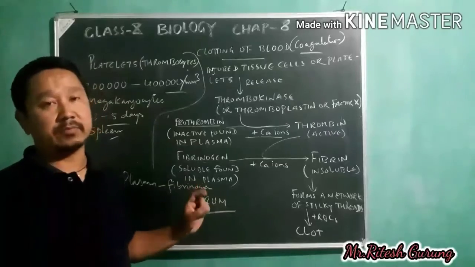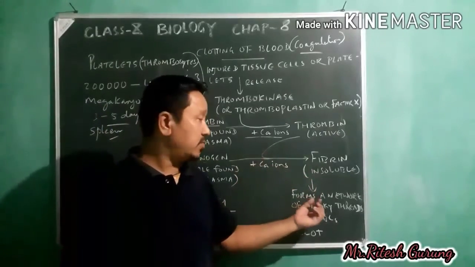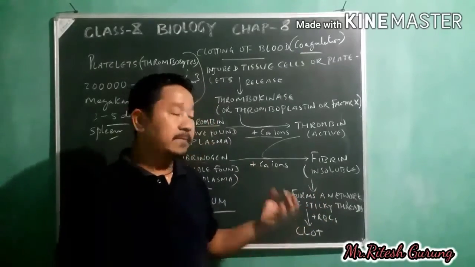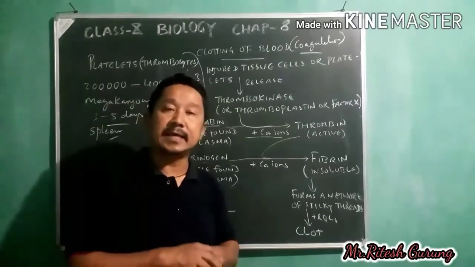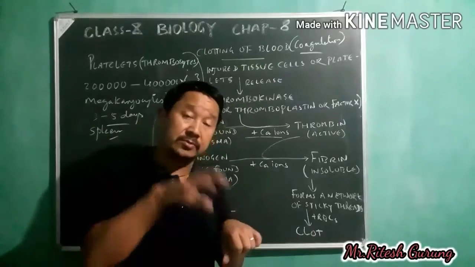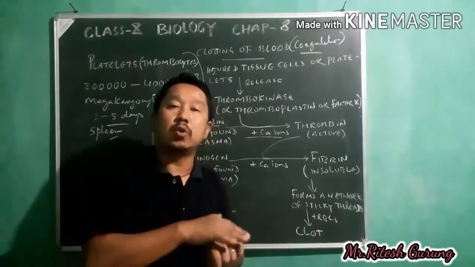Then that net-like structure forms a network of sticky thread along with the blood vessels, especially RBC, and it gets clotted. In the injured region, a clot is formed which blocks the flow of blood.